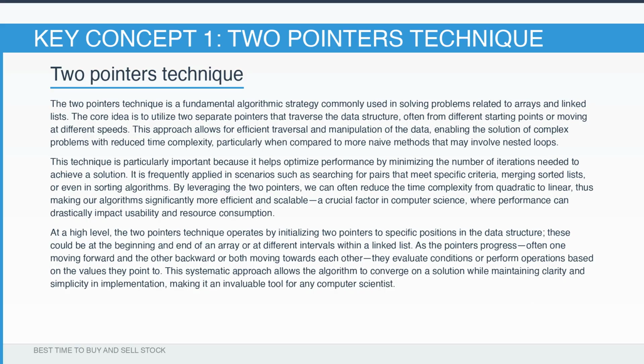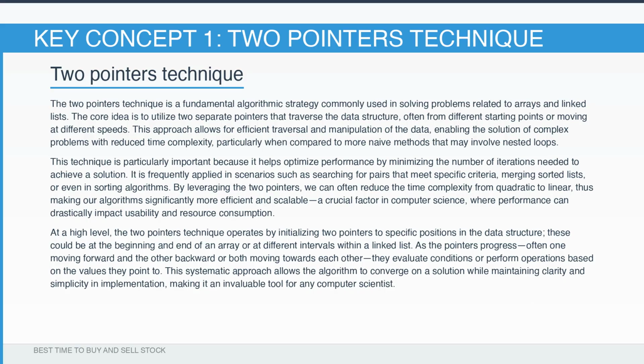By using two pointers, you can effectively traverse this queue from both ends, allowing you to efficiently pinpoint the pair you're looking for. This method starts by placing one pointer at the beginning and the other at the end of your data structure. As these pointers move, one forward and the other backward, they evaluate the elements they point to, checking for conditions that meet your requirements.